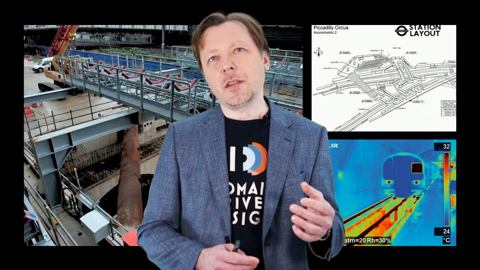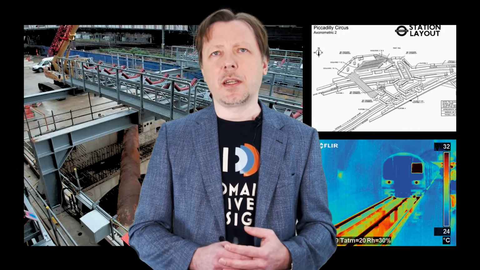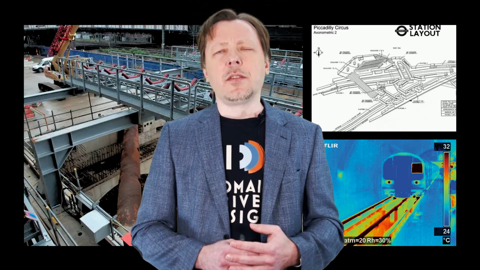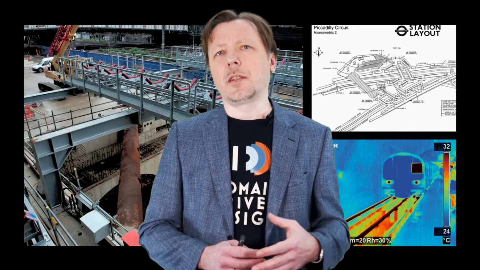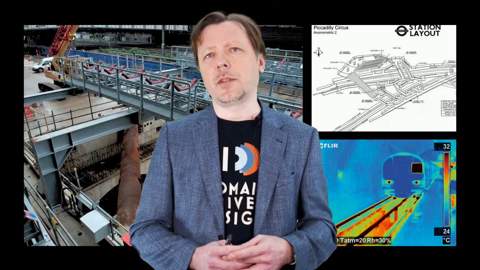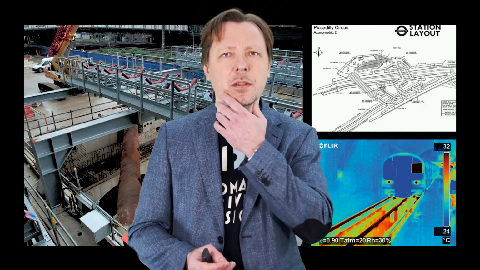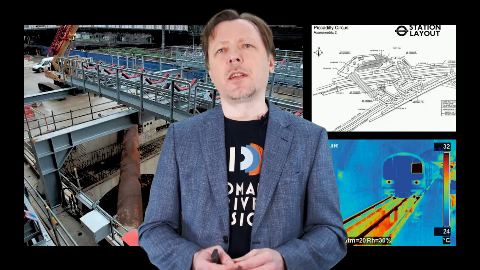The station layout shows you how much transfer time you would need to go from one platform to another and from one underground line to another. So that is one model for the station. Another model is on the FLIR photo below, which shows the heat map of the train coming to the station, the rails and tracks.